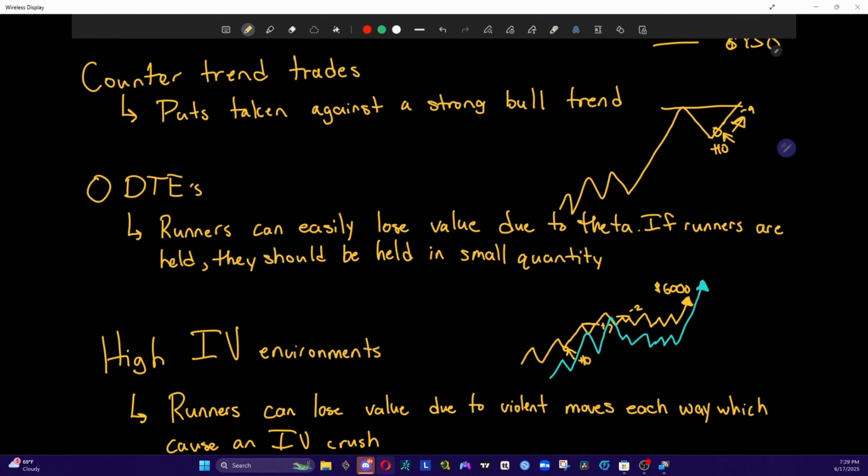And the funny thing is, you might be thinking, isn't this similar to zero DTEs? But it's not. This actually pertains more to swings and day trades and not actual zero DTE day trades. Yes, zero DTEs do face high IV and low IV, they definitely do, but the ones most impacted are swing trades and day trades.